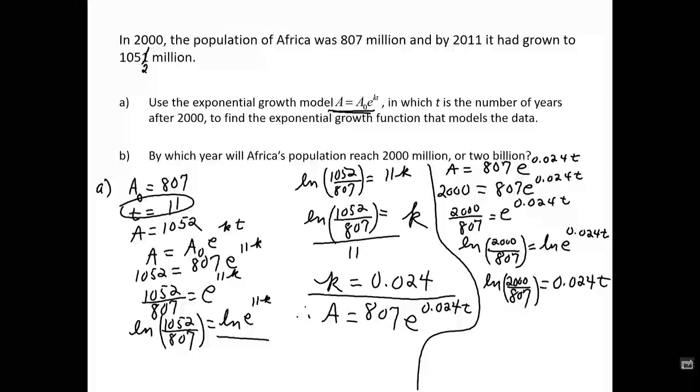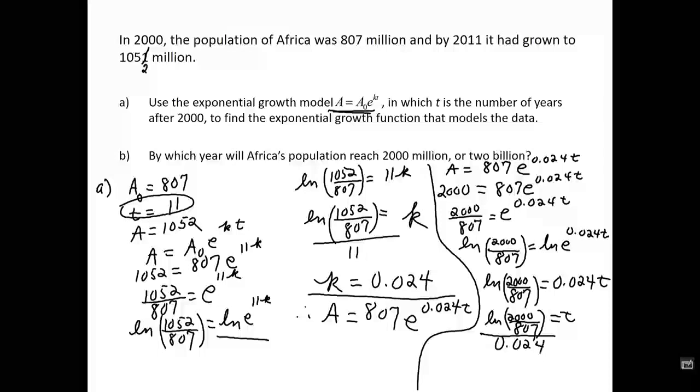All right? And now solving for t, dividing both sides of this equation by the coefficient of t, which is 0.024, we have the natural log of 2,000 divided by 807, all divided by 0.024.